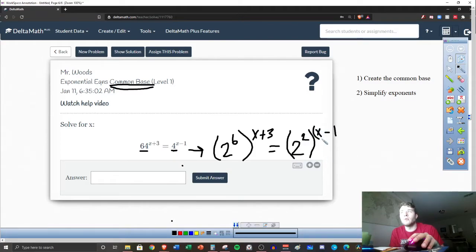What is the exponent rule for when I have a power raised to another power? Well, you can multiply these. So this becomes 2 to the 6 times x plus 3, equals 2 to the 2 times x minus 1. So I'm multiplying these exponents. Now I need to distribute this in.